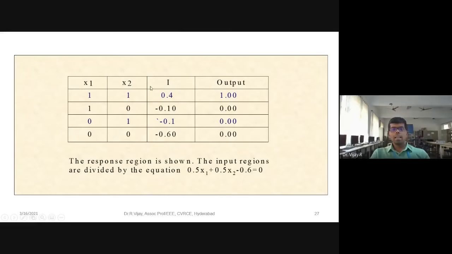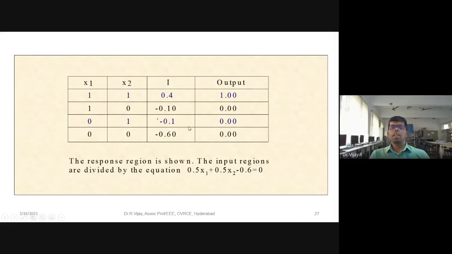If you calculate the output here, I'm getting 0.4 minus 1.0 minus 0.6 like that. The activation function is like this: if it is greater than 0, it has to come as 1. If it is minus 0.1, it should be 0 here.